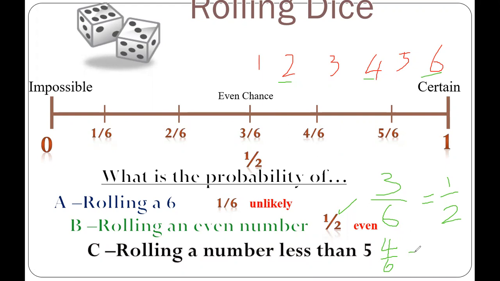Or we can write 2/3. So 2/3, 4/6, that means to say it is in between half, even chance, and certain. So it's likely, okay? So both of these are likely. Both of those are unlikely. So what is 2/3? Out of 3, so it is likely. 4/6 is likely. Okay.